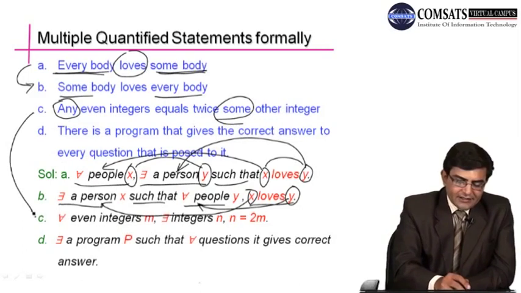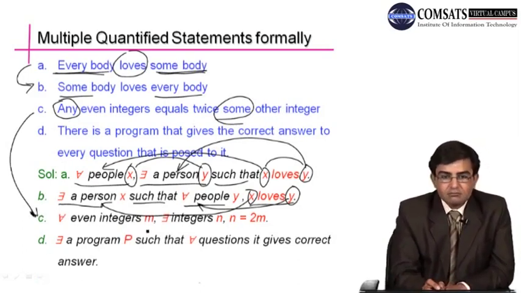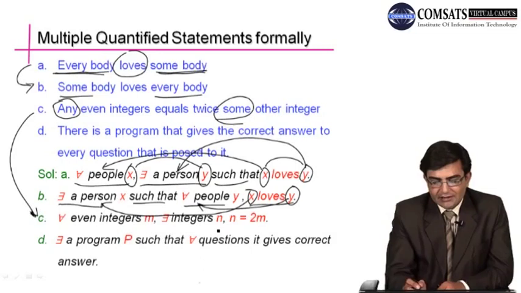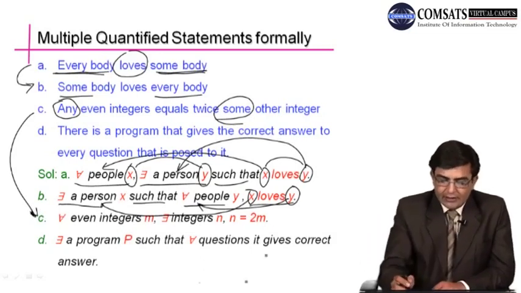So C can be translated into formal language. For all even integers m, there exists an integer n, some integer, such that m is twice of this. So here I think I reversed it.